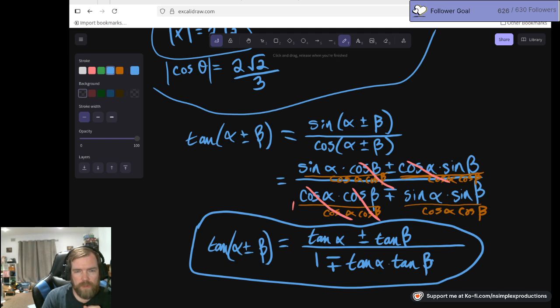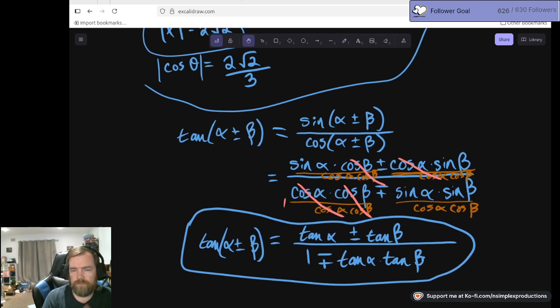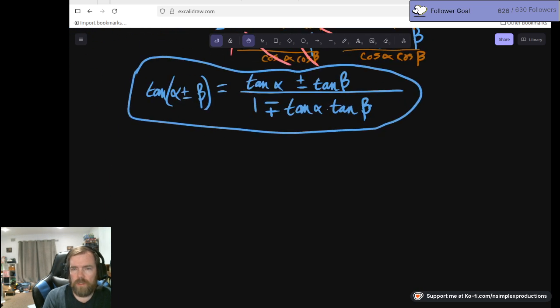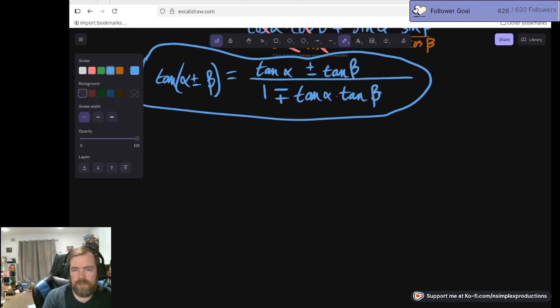Okay, and then if we want to take this as tangent of 2 theta, for example, we'll stick with alpha just to make it slightly easier. This means that, again, we have the tangent of alpha plus alpha.